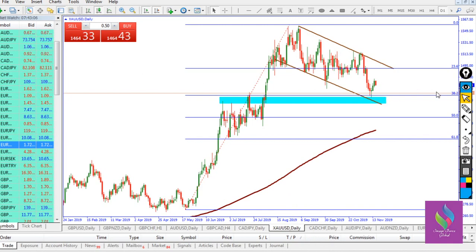Gold. We've been able to get an entry into the gold right here, and we took profit right here into this support line, and expecting a pullback into this region to have a double top. Then we'll have a continuation to the upside, to the 23 area.